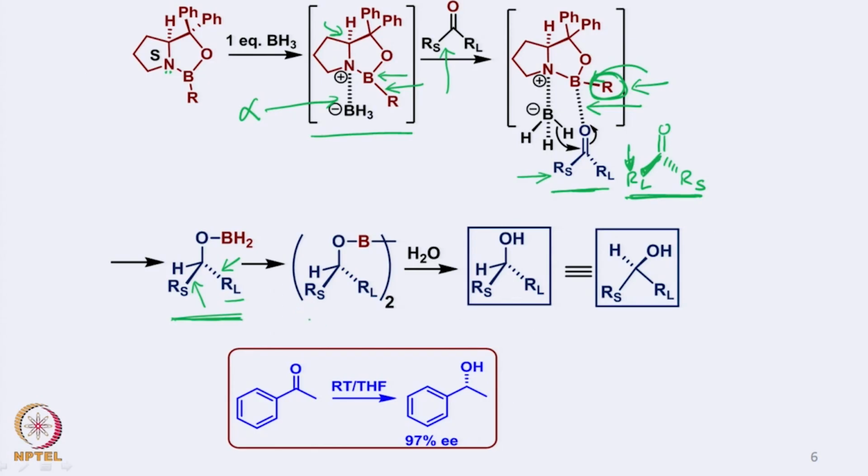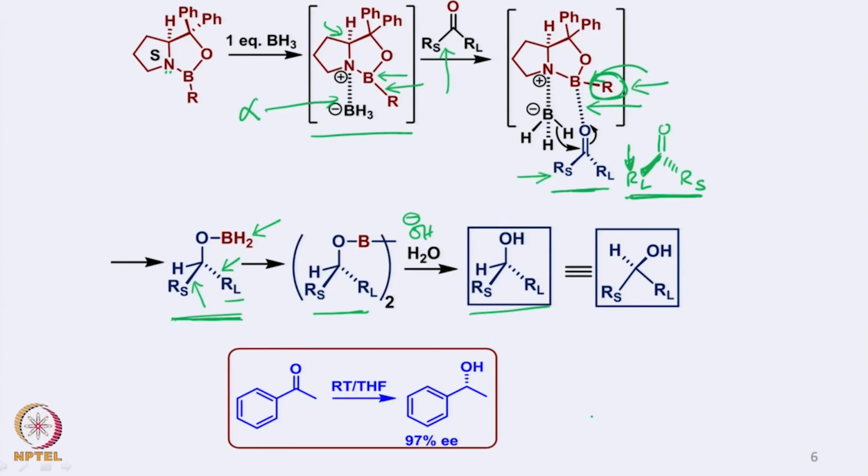Of course, we can use the remaining hydrogens also and eventually get two or three, and finally upon a basic workup we will get the boron-oxygen bond cleaved and the hydroxy group released.